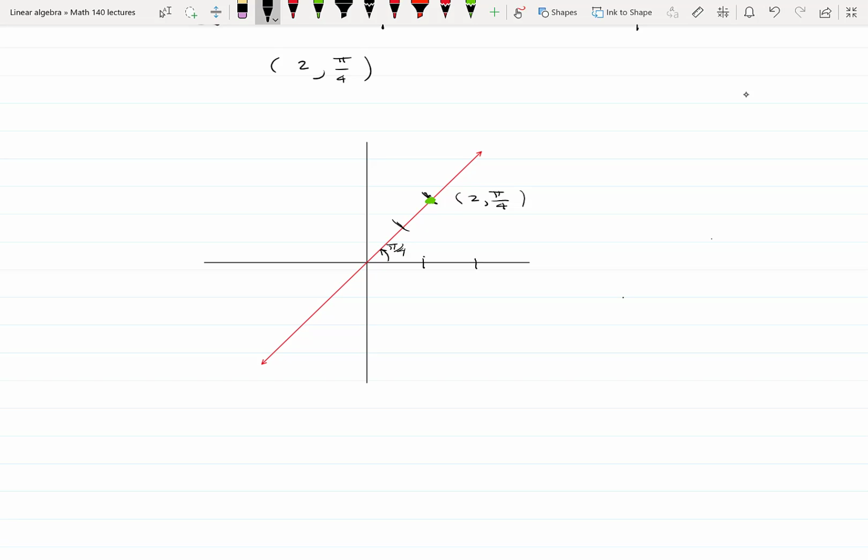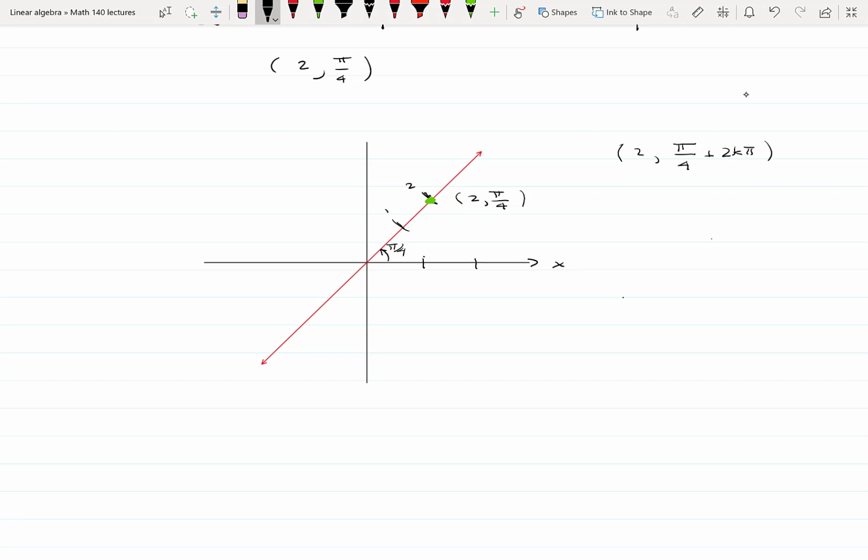So here's our original drawing again, and we determined before that 2 and then pi over 4 plus 2k pi gets us to the same place over and over again, where the entire x-axis just keeps twirling around a full revolution from pi over 4, either in the positive or negative directions, and we still end up with the same location, moving 2 units along the rotated x-axis.